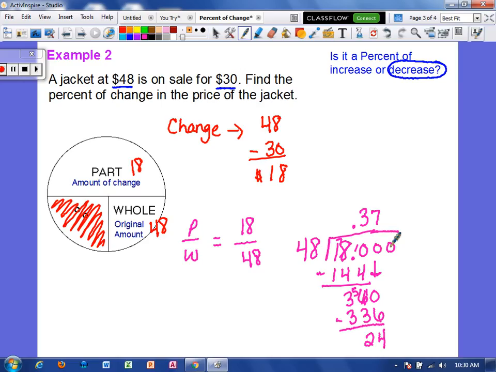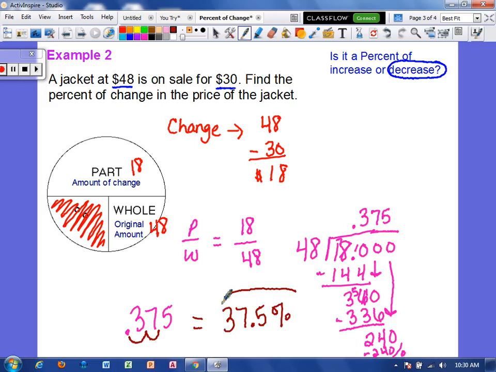So I get 24 left over, I'm going to add a 0, and 48 goes into 240 5 times evenly. We get a remainder of 0. So we get 0.375, but again we are finding a percent of change, so we have to take the decimal and move it 2 places to the right, and we get 37.5%. So this jacket decreased by a percentage of 37.5%.